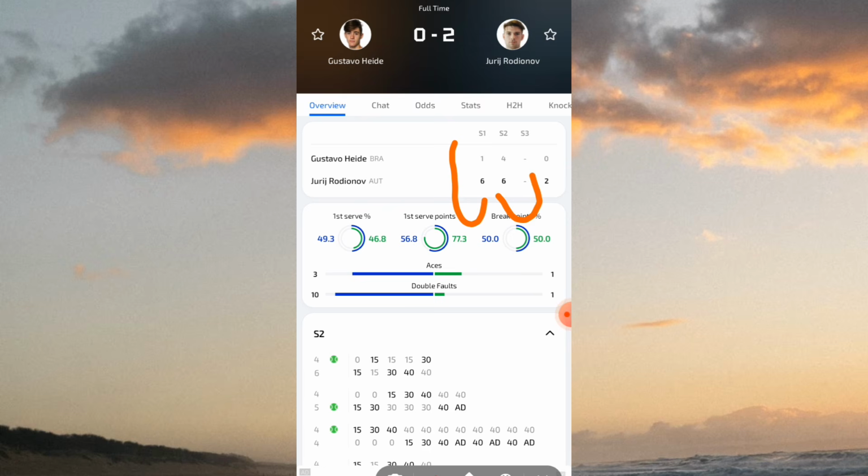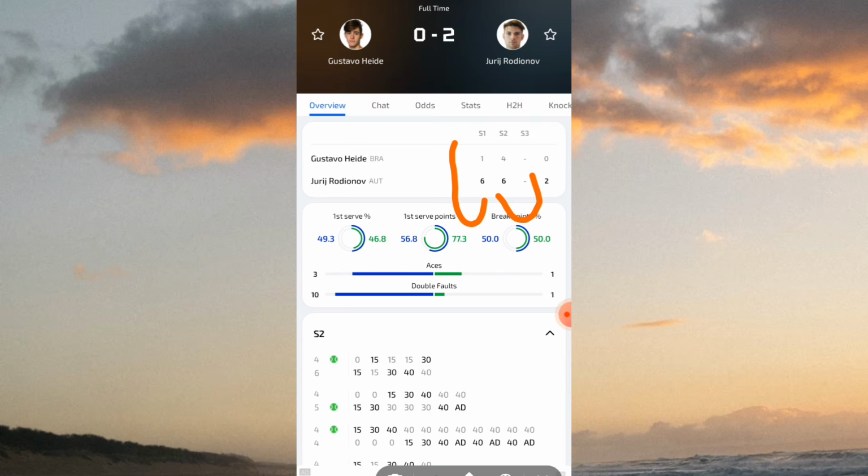If you combine the total points in the first and second sets, that is 17 total points. These are the points we will be examining in this edition. The common totals you will see in tennis are around 14, 15, 16, 17 points, and so on.